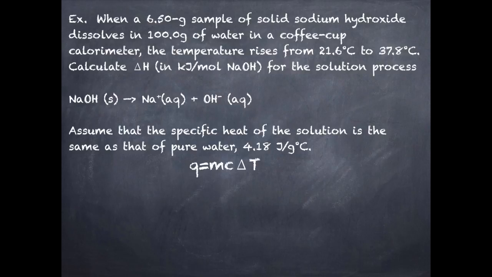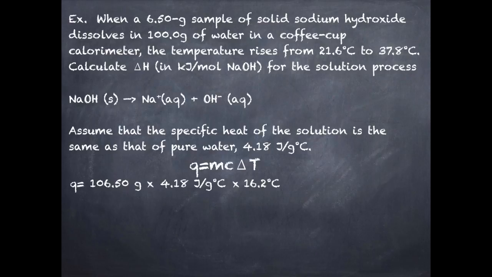And I can do that by saying, all right, Q equals my mass. Well, the mass of the entire solution is going to be 106.50 grams times the specific heat of water, which is 4.18 joules per gram degrees Celsius, times my change in temperature. Now, my change in temperature is my final temperature, 37.8, minus 21.6, which gives me 16.2 degrees Celsius.